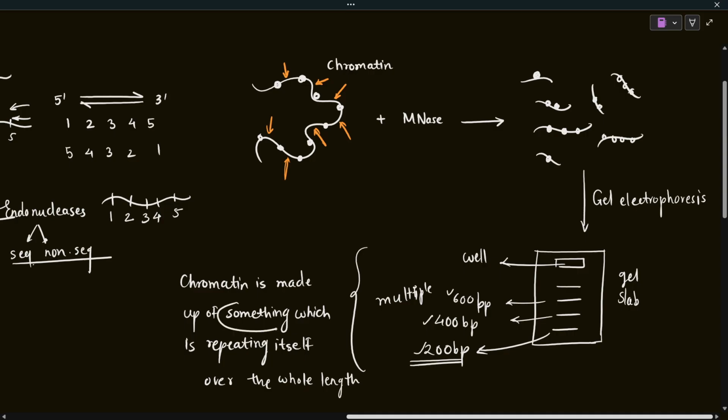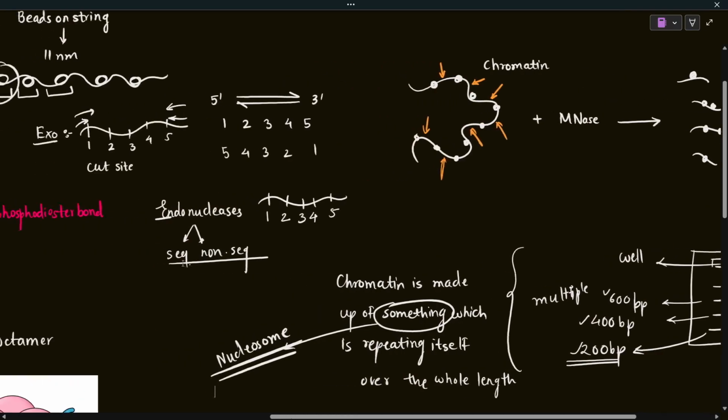This something which is repeating itself is the nucleosome. I hope you get it. All right, so this is how nucleosomes were discovered.